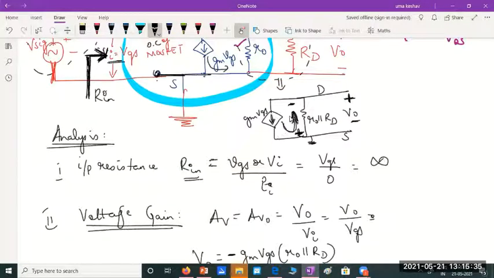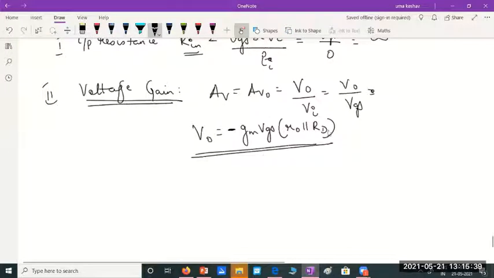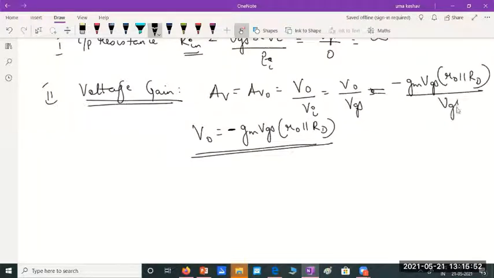V0 will be current into this resistance, but with opposite sign. So finally, if I substitute the value of V0, I'll get minus GM VGS into R0 parallel RD divided by VGS. VGS cancels out. So what would be the value of AV or AVO here? It would just be minus GM into R0 parallel RD.